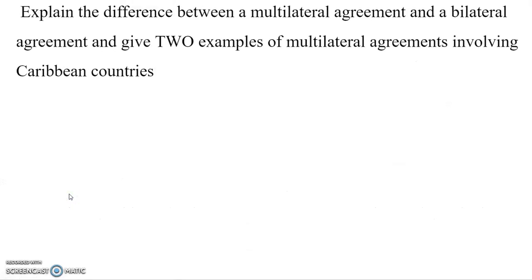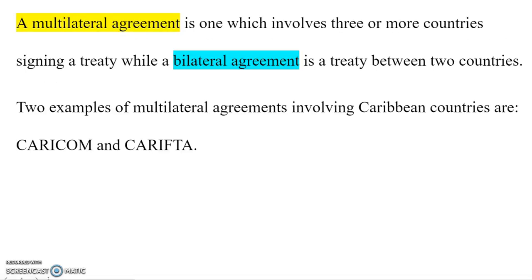Now, the first thing the question is asking us to do is to explain the difference between a multilateral agreement and a bilateral agreement and give 2 examples of multilateral agreements involving Caribbean countries. So remember, when you're answering your questions, you're going to do so in complete sentences and only answer what the question is asking you to.